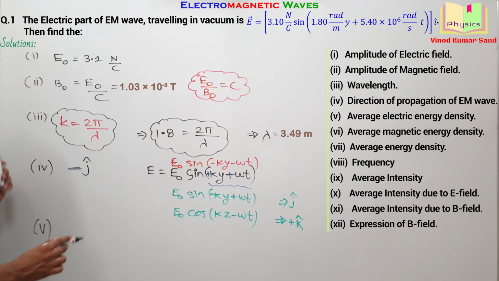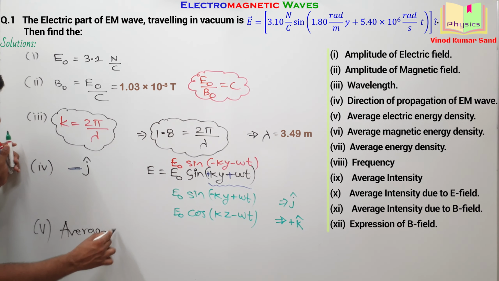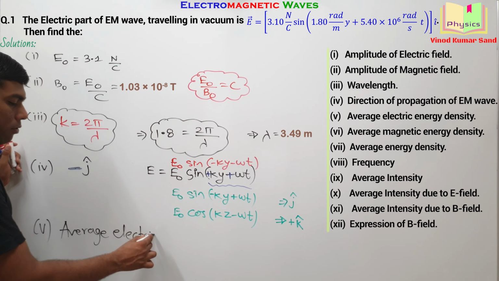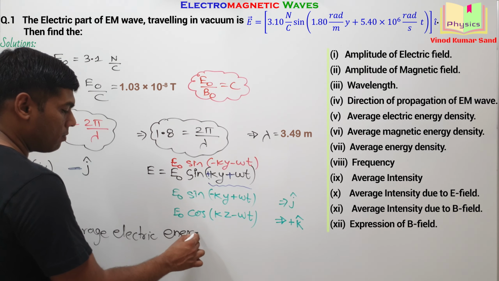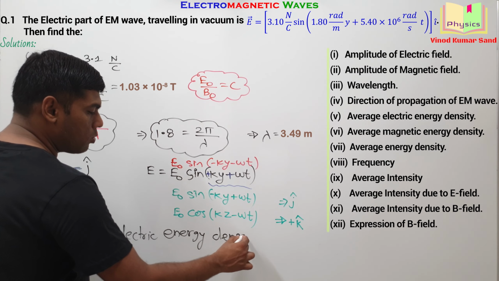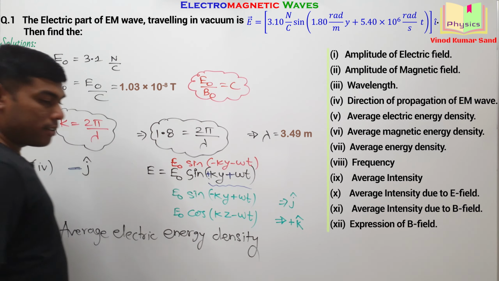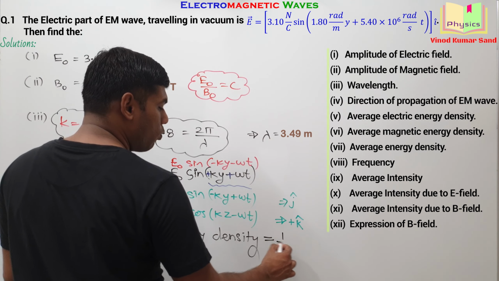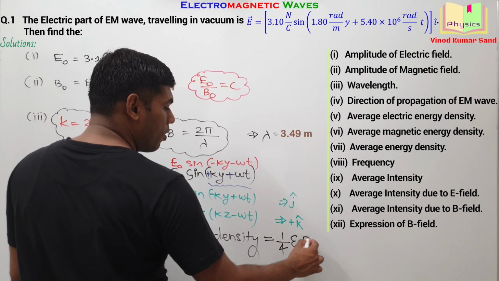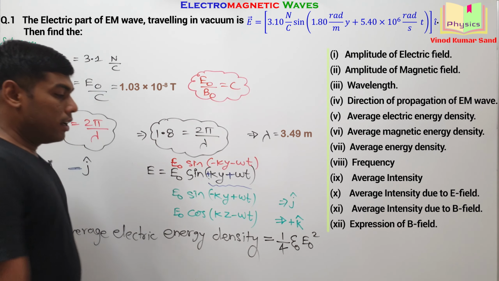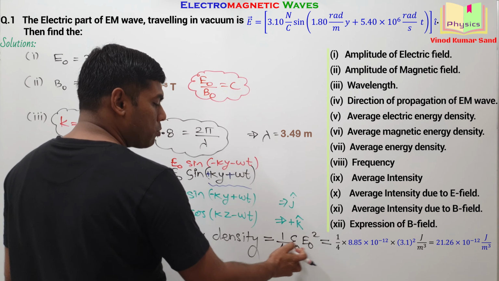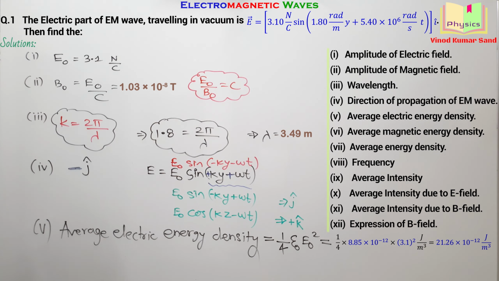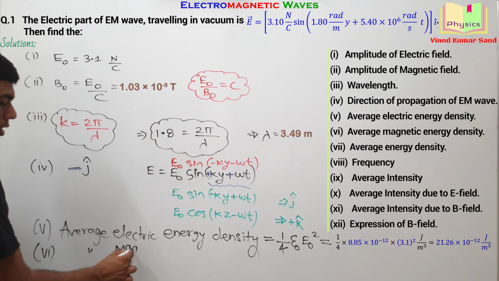In the fifth part, we require the average electric energy density. Do you remember any formula for the average electric energy density? Simple formula based question. Average electric energy density is equal to 1 by 4 epsilon naught E naught square. Rest is all mathematics. We know the value of epsilon naught, we know the value of E naught. Now we require the average magnetic energy density.